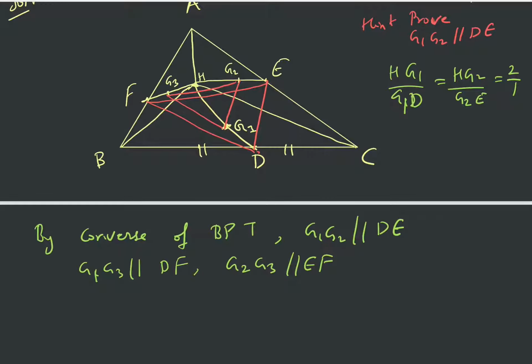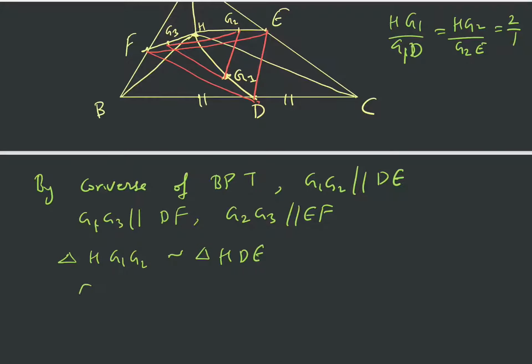Now, let us use the relation of areas for similar triangles. Triangle HG1G2 is clearly similar to triangle HDE, right? Because this is parallel, these two triangles HG1G2 and HED will be similar. So the area of triangle HG1G2 by the area of triangle HDE is how much? It is 2 by 3 whole square, right?